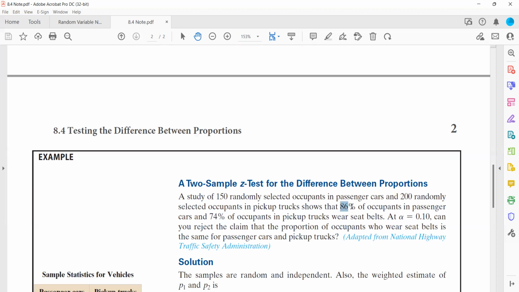Guys, take a look at this. We have percentages and we are dealing with the proportions. So we need to check each step and form our standardized test statistic and then get information about our p-value and compare it with our alpha. So let's take a look at our board and start each step one by one.